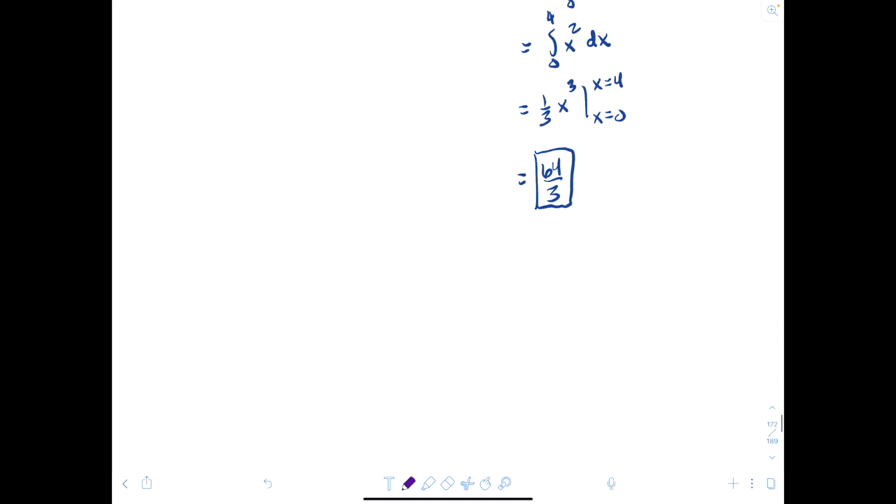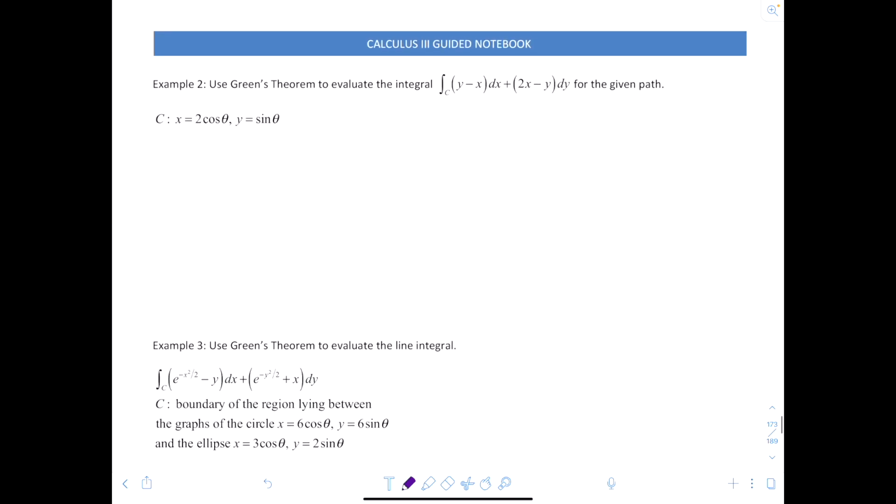So here we go. Let's use Green's theorem to evaluate the line integral over C of the quantity y minus x dx plus 2x minus y dy for the given path. Okay, so this path here is going to be an ellipse, right?